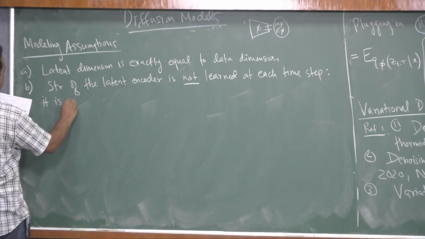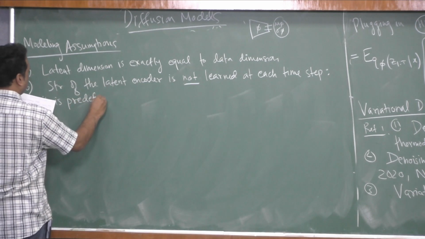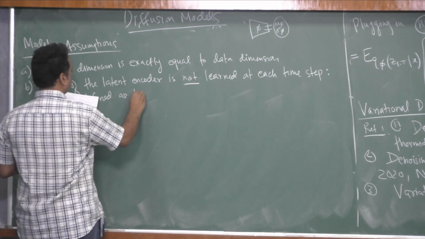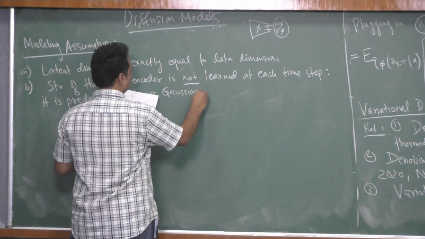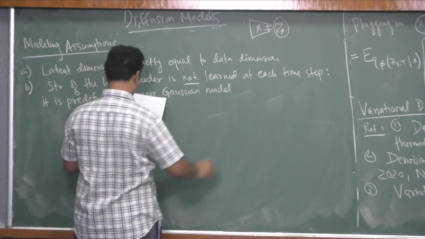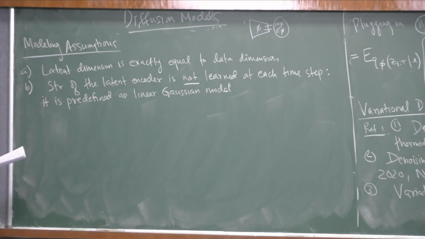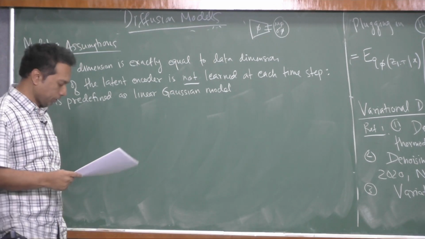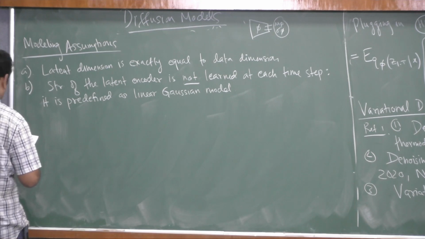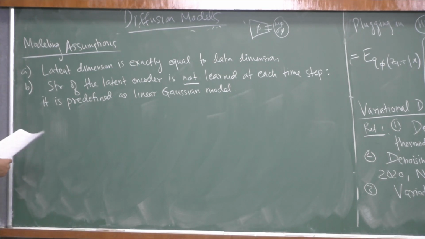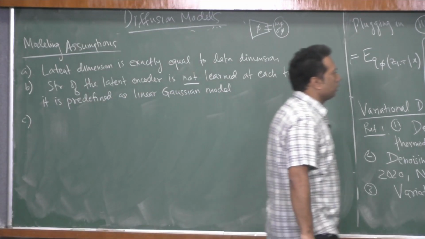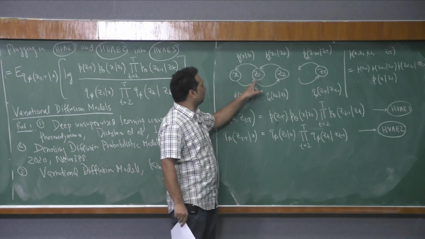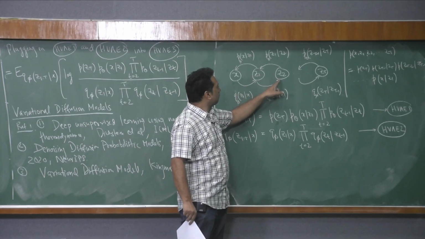It is predefined as a linear Gaussian model. Okay, so that's also a very drastic assumption we can think of. And then, we are saying that it's predefined, but we are not saying that it's exactly the same transform.